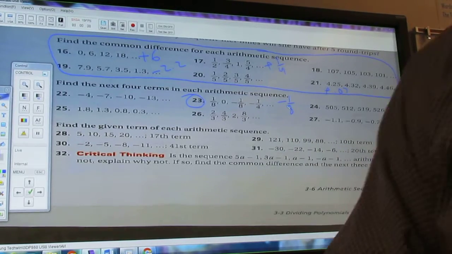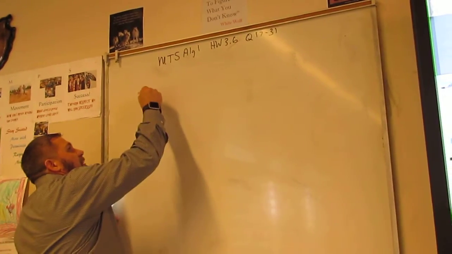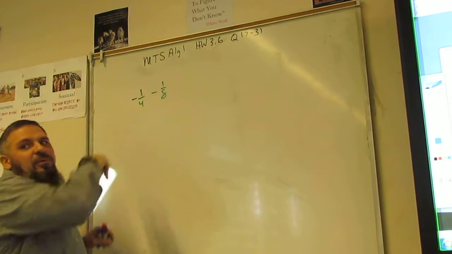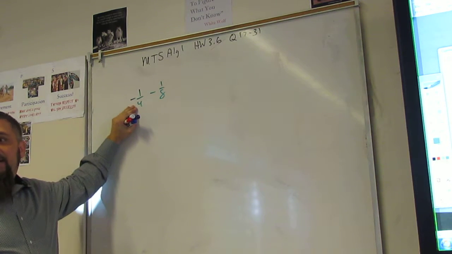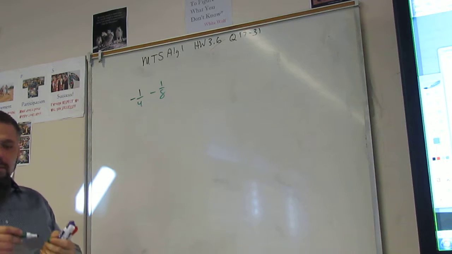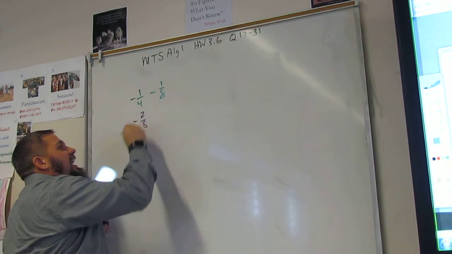So let's take a look on the board here. We're talking about taking an eighth away from a negative quarter. We have to change this to be eighths. How many eighths is 1/4? 2. So this is really negative 2/8.